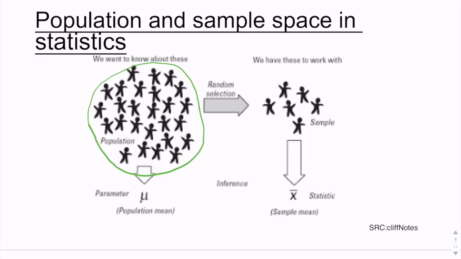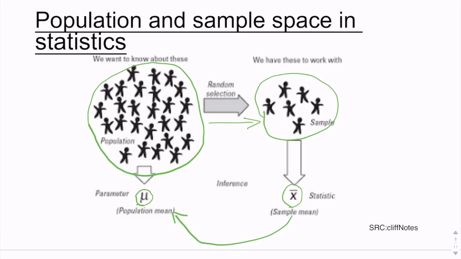We would like to find the mean of this population, but because we don't have access to the entire population, we sample a subpopulation, which we call samples, and we compute the mean, which we call the statistic of these samples, and then that will provide some info about the true mean.